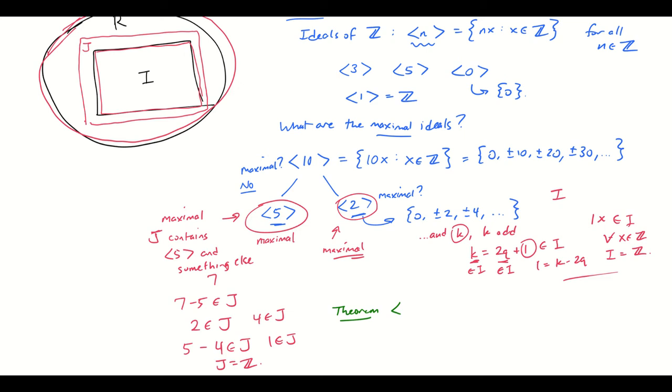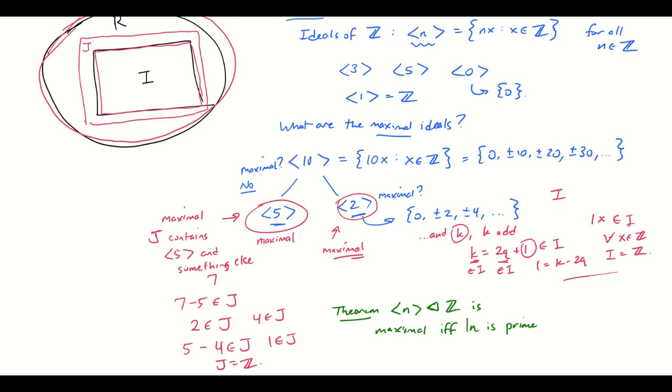The subgroup generated by n, which is an ideal of Z, this is maximal if and only if n is a prime number. Okay, now that's actually a little bit imprecise.